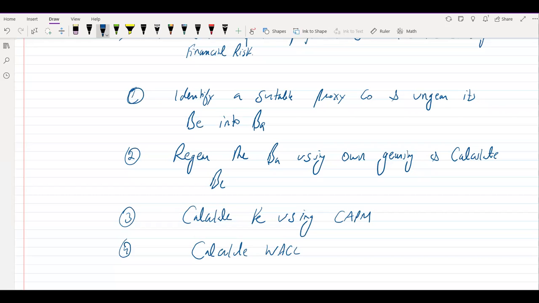अपना beta use नहीं करना. If your nature of business is changing, you will search a proxy company. You will calculate a beta asset of that proxy company. Then you will add your own gearing and calculate beta equity and put that beta equity into the CAPM, calculate cost of equity, और फिर cost of equity से WACC निकालो. Then you will calculate the WACC.